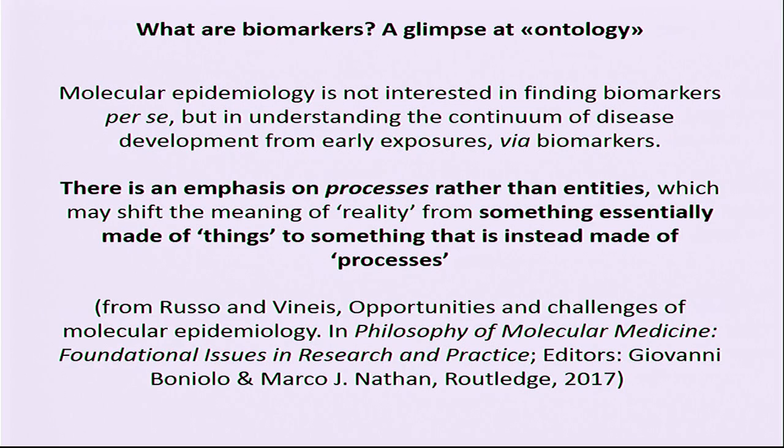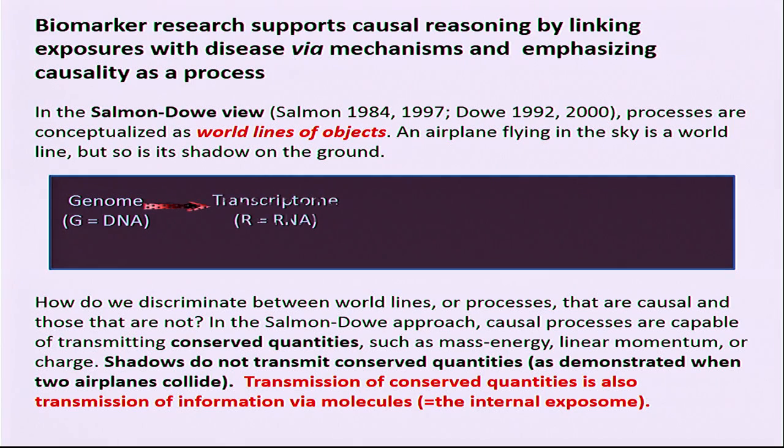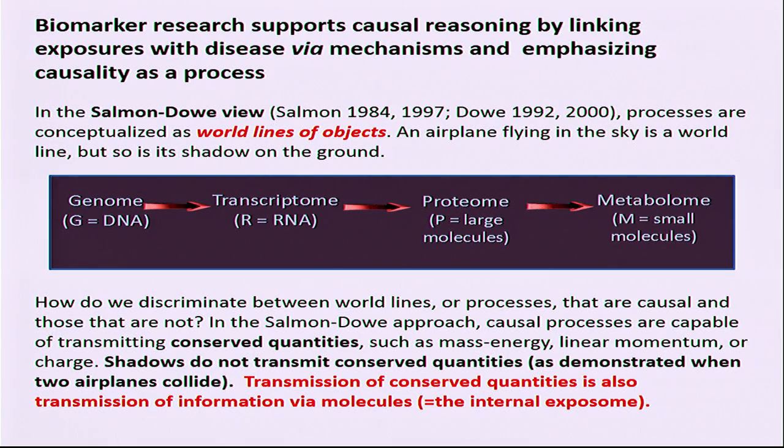Well, I refer to this chapter in a book, which is now becoming a paper, because we try to expand these ideas there with a philosopher. Now, there are several approaches to causality, obviously in philosophy, but also philosophy applied to biological sciences.